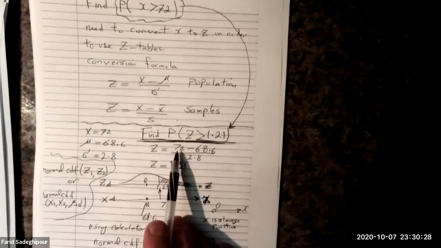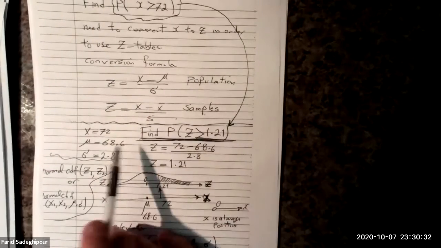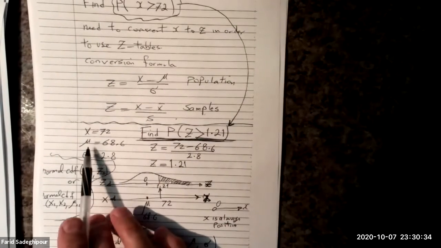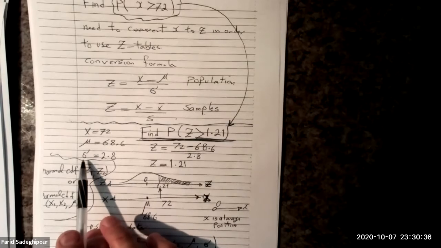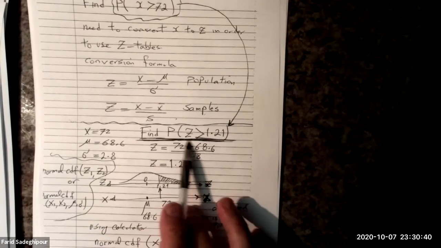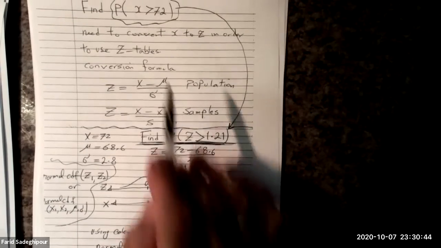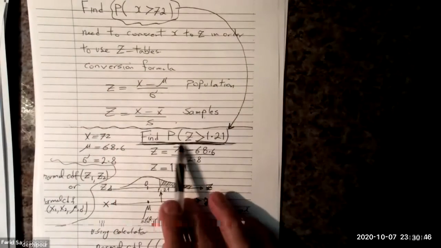Here, we want to find the probability of X greater than 72. X is 72, the mean is given as 68.6, and the standard deviation is 2.8. These are given, right? So you put all of them in this formula to change it to Z. Now, instead of saying X greater than 72, you just say Z greater than 1.21. Both have the same area.